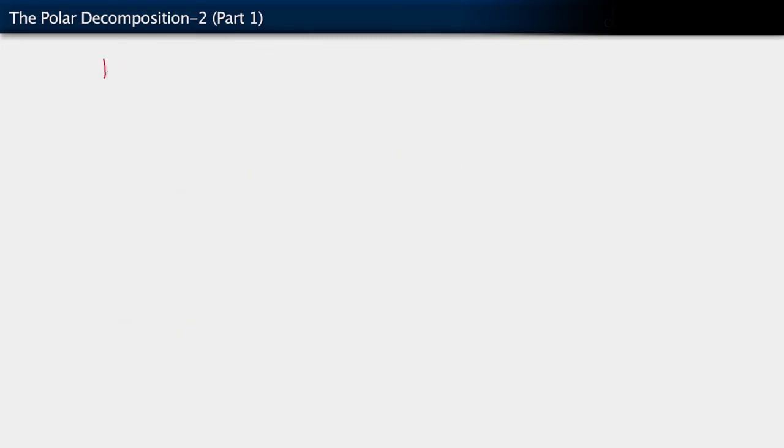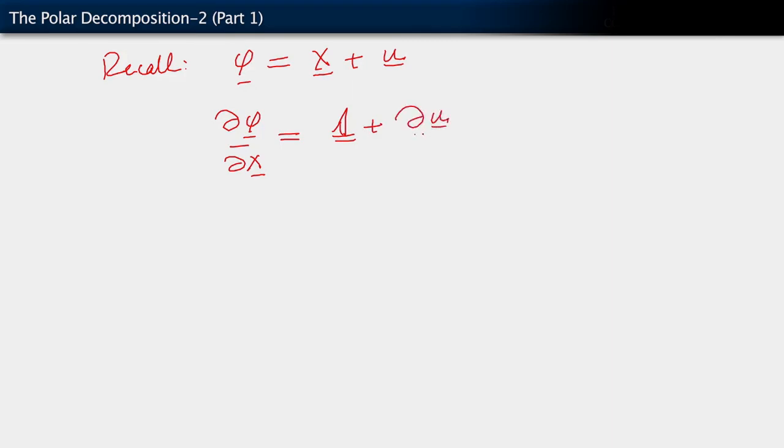Recall that phi can always be written as x plus u, where u is the displacement. Therefore, the partial of phi with respect to x is the isotropic tensor plus the gradient of u with respect to the reference position.